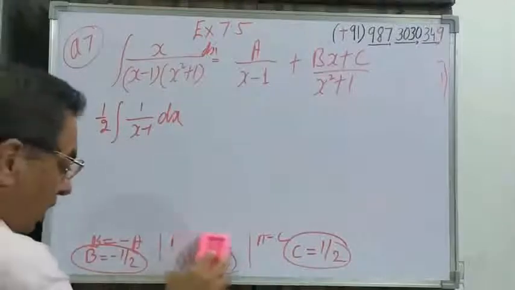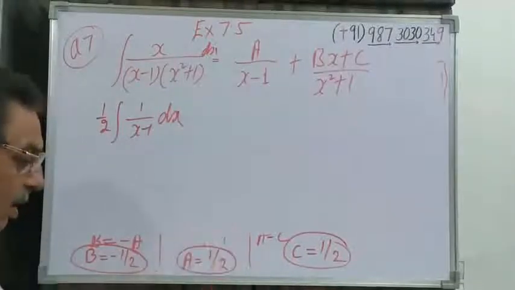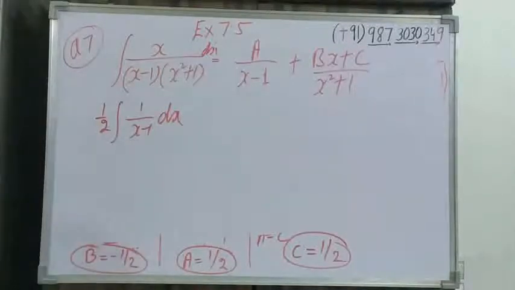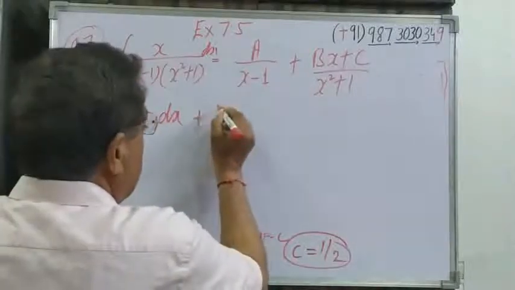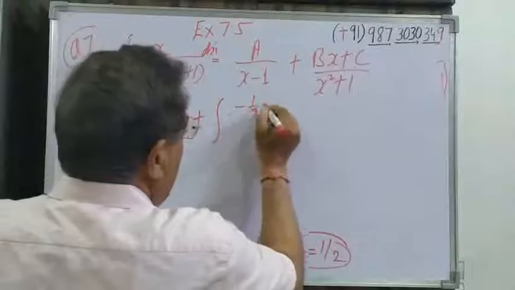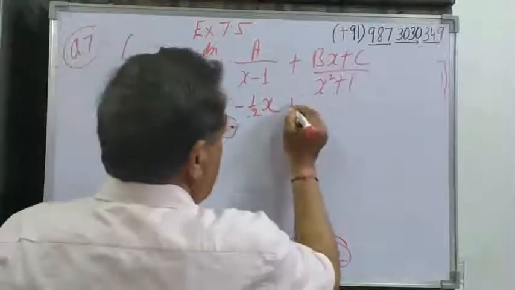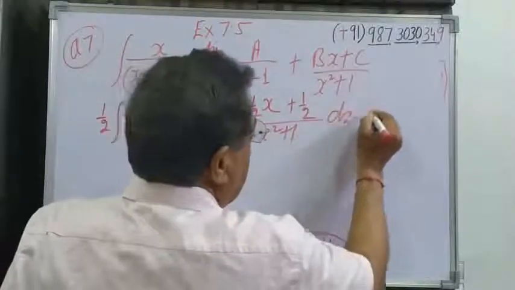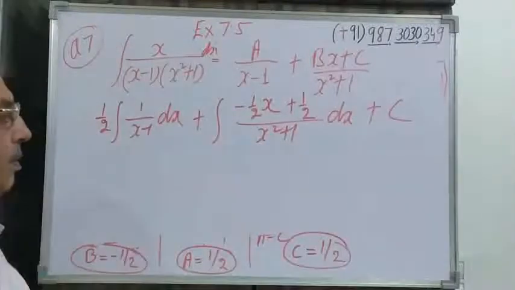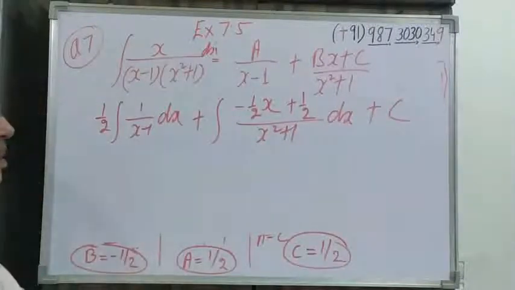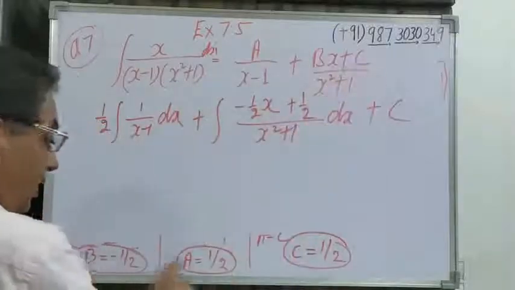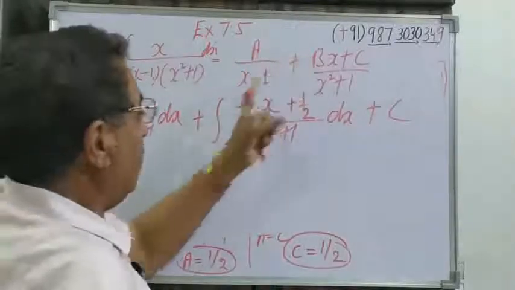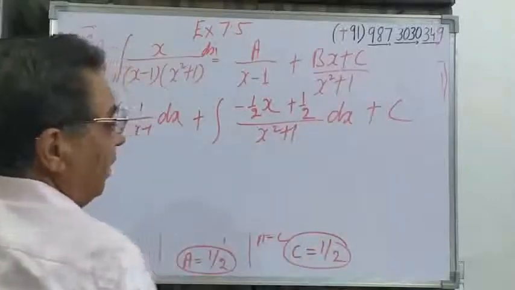Now let us go for the value of B, which is minus half, and for C, plus half, so that is the integration of minus half x plus half divided by x square plus 1 with respect to dx, plus C. So we have found the values of A, B, C and substituted: A as 1 by 2, B as minus 1 by 2 and C as plus 1 by 2.